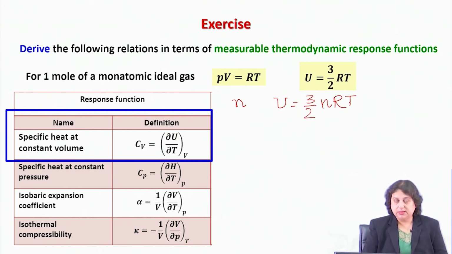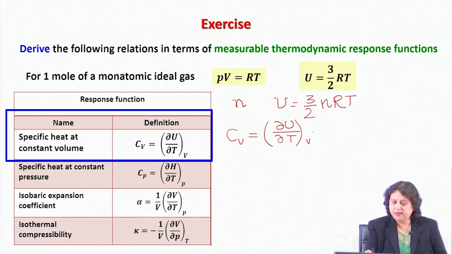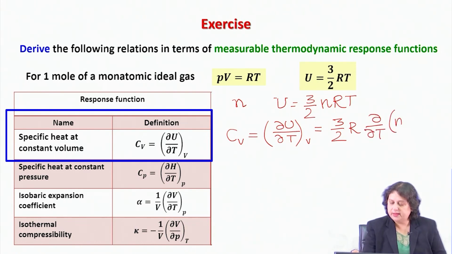If that is so, then what is going to be Cv? Cv once again is (del U/del T) at constant V. So this must be given by 3/2 R into del T of nT under constant volume condition.